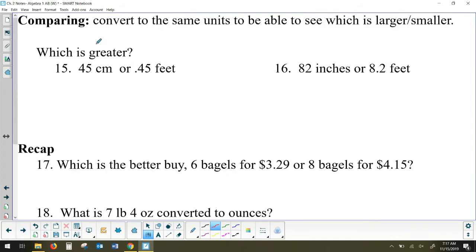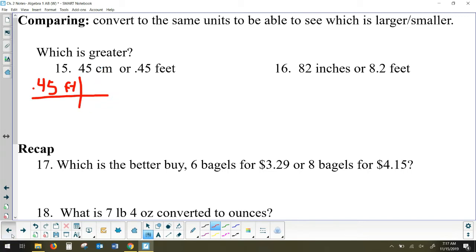We move on. We have to compare. How do you know which one's bigger when they are not the same? You're going to take one of these and convert it to see which one's really larger or smaller. It does not matter which one. I usually convert the decimal. So I'm going to convert 0.45 feet and I want to make it a centimeter.